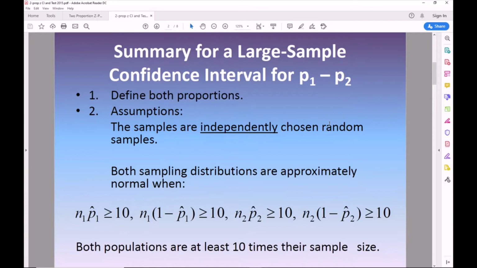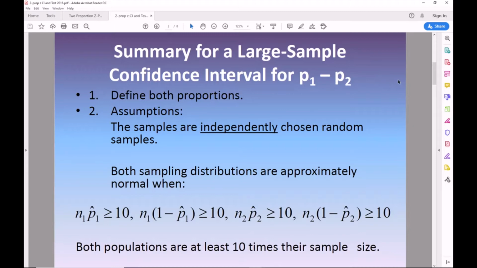Really, two sample proportion procedures, whether they be confidence intervals or tests of significance, are based on a difference. Population proportion of one, subtract the population proportion of another. So it's much like random variables when we covered them and we were combining them by adding and subtracting them, and they became one single random variable.